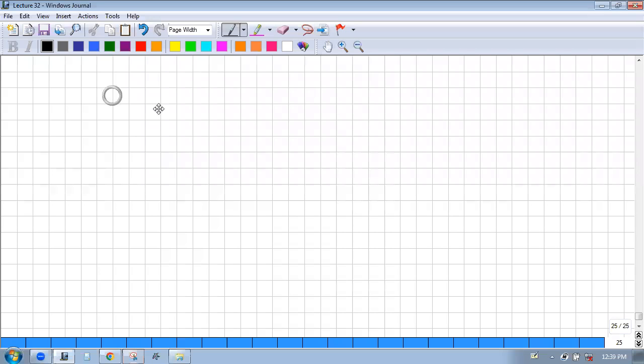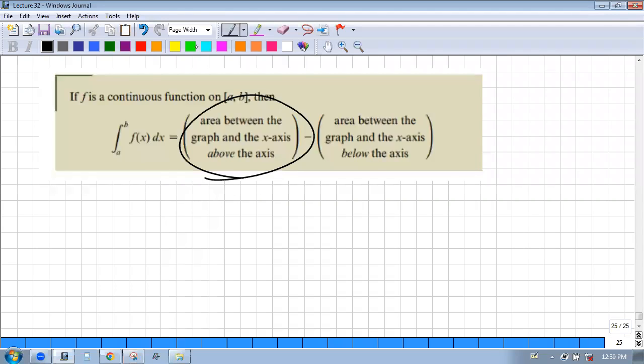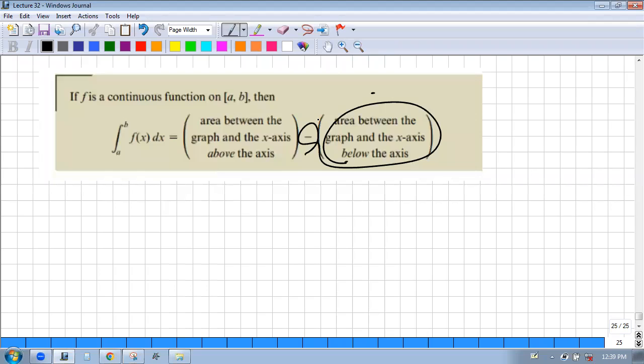Really just saying the exact same thing. So the integral is the area above, and then you have to subtract off the area below because this is going to be negative. Negative, negative makes it positive.